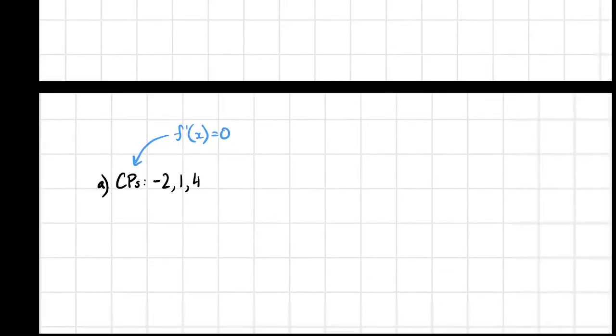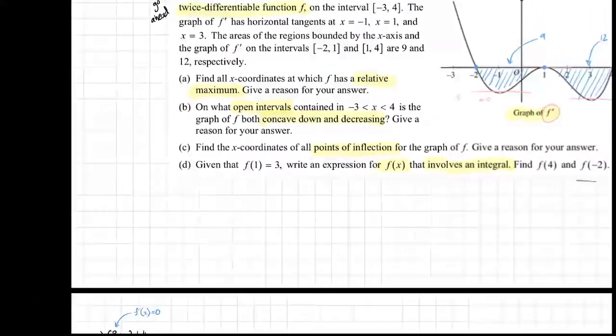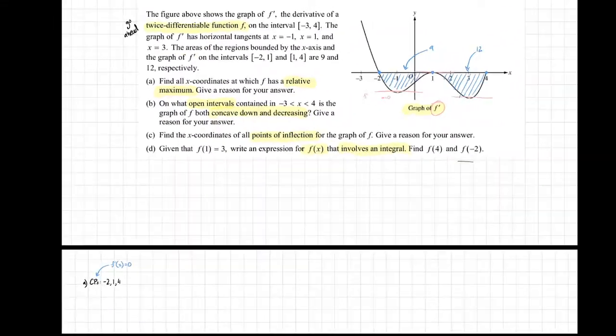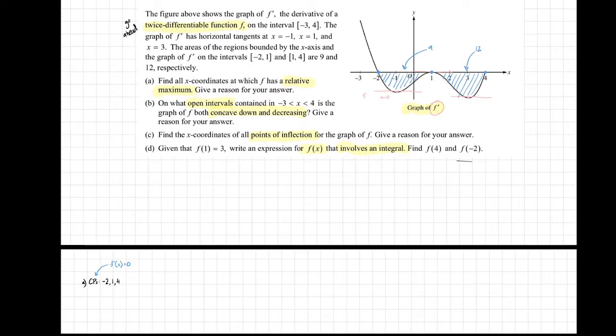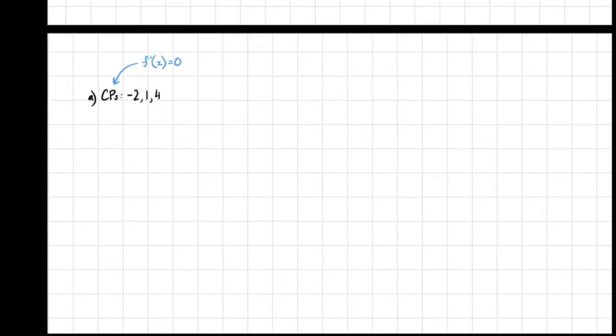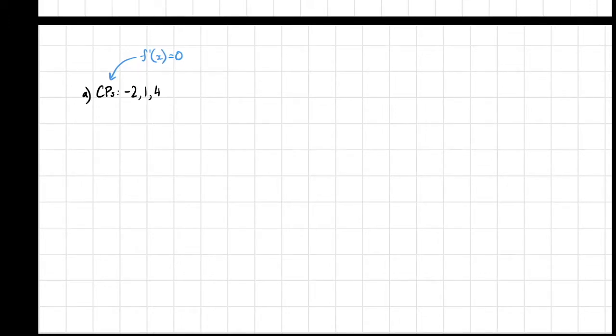Now we need to test what type of extrema it is. In the case of a local maximum, we can draw this out real quick. If we have a graph of f of x, a local maximum would be like this, and also this. But we need to analyze the derivative.